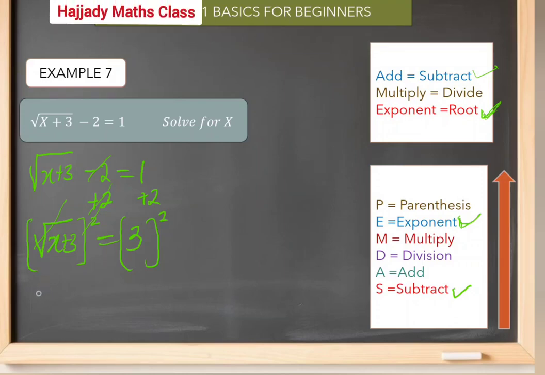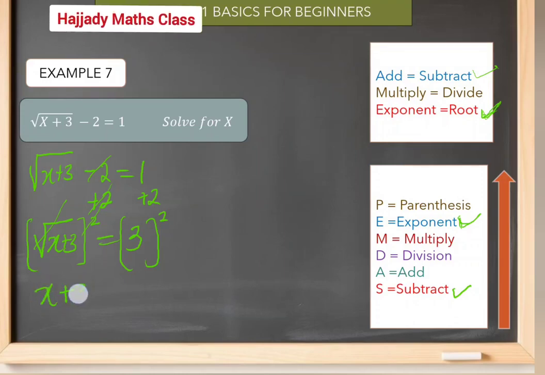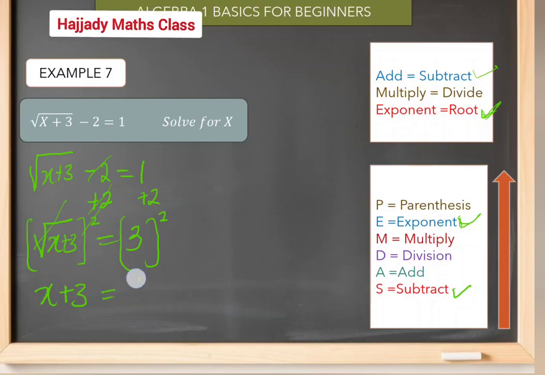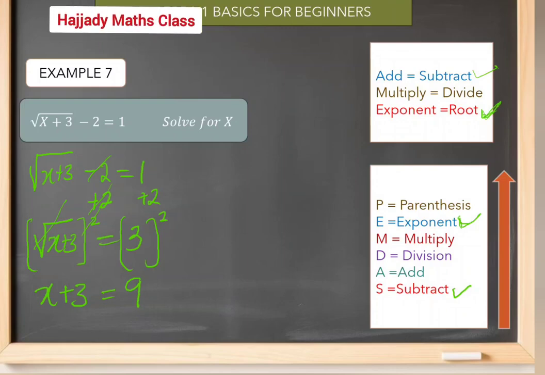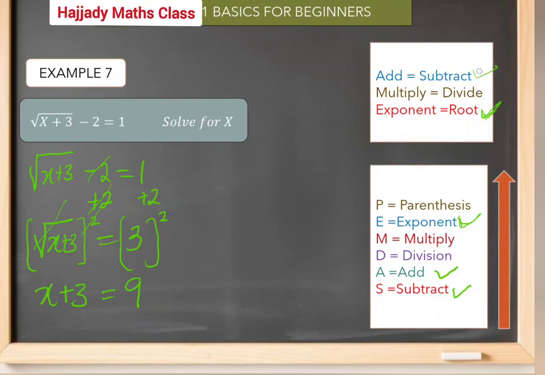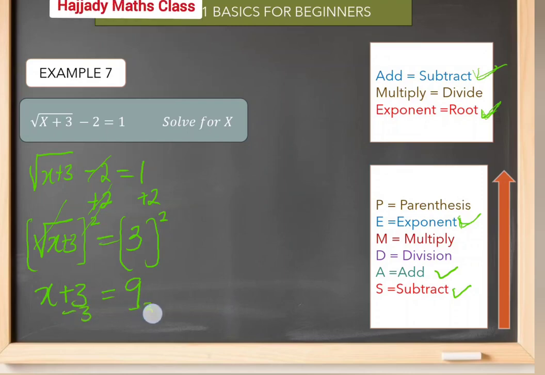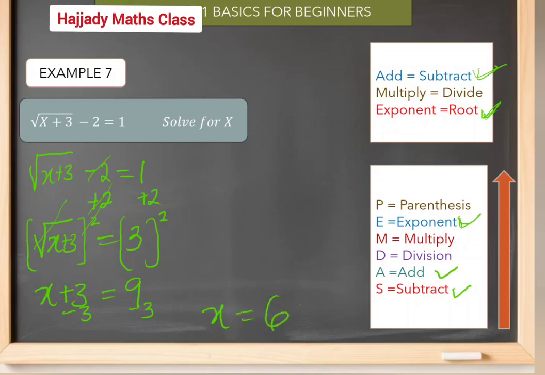On the left side, we have x plus 3. On the right side, we have 9. So, applying the same rule, when you have addition, the inverse is going to be subtraction. Negative 3, negative 3. And finally, we have our x equals 6.